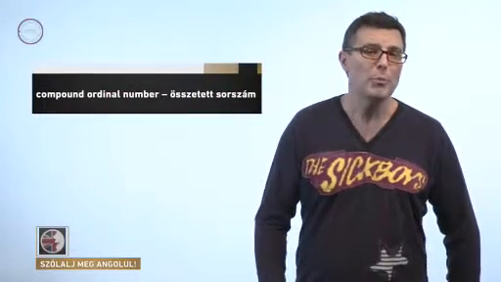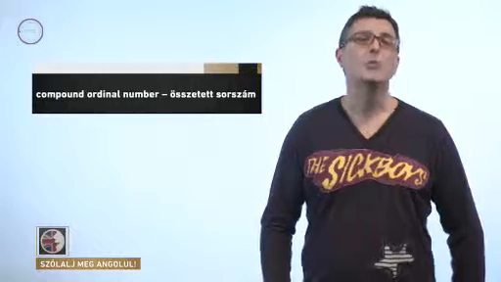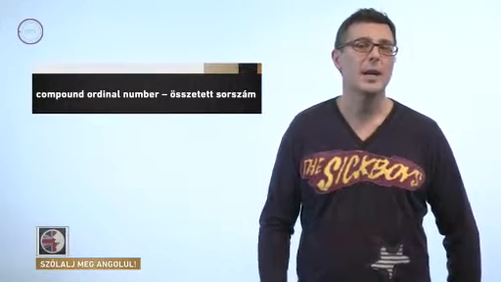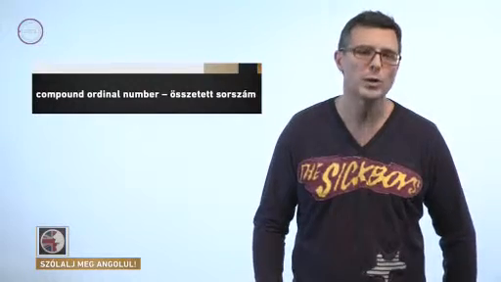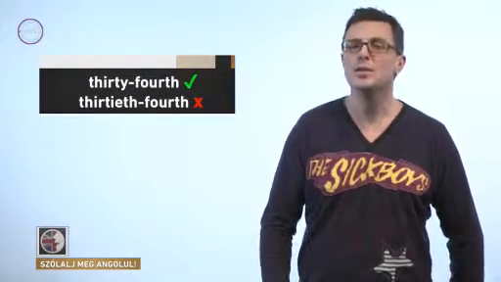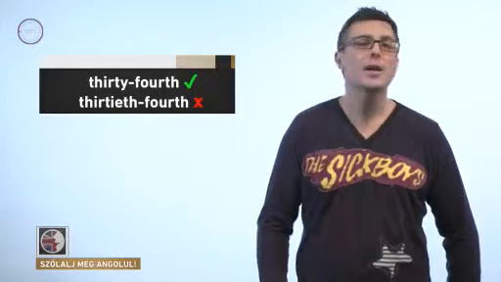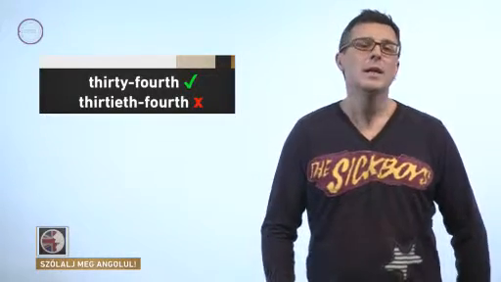We know what a compound ordinal number is, and we know that when we make a compound ordinal number, we only write the last number as an ordinal number. It's 34th, not 30th fourth. We also learned that when we write ordinal numbers, we add the last two letters of the word to the end of the number to show that this number is an ordinal number.